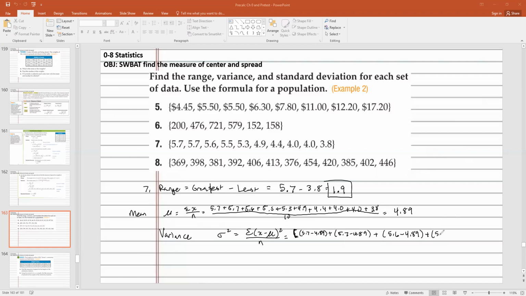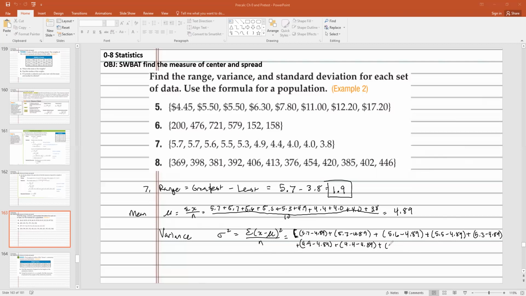Plus 5.5 minus 4.89 plus 5.3 minus 4.89 plus 4.9 minus 4.89 plus, and then notice here we're going to get negatives. 4.4 minus 4.89, and that square is going to make this a positive no matter what. So don't worry about those negatives.